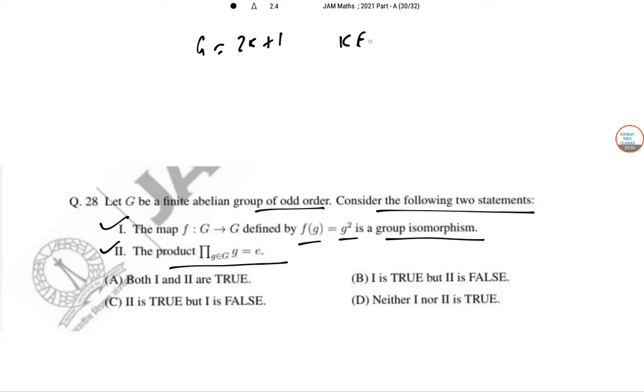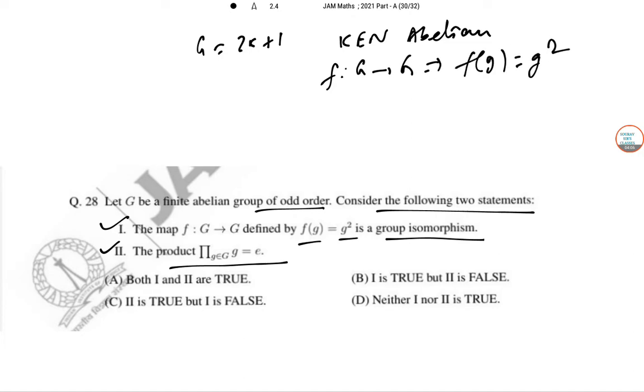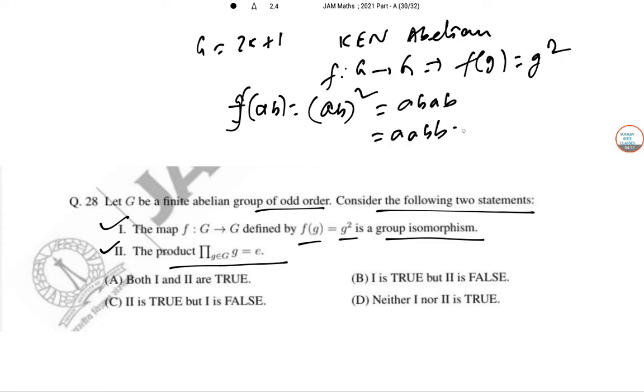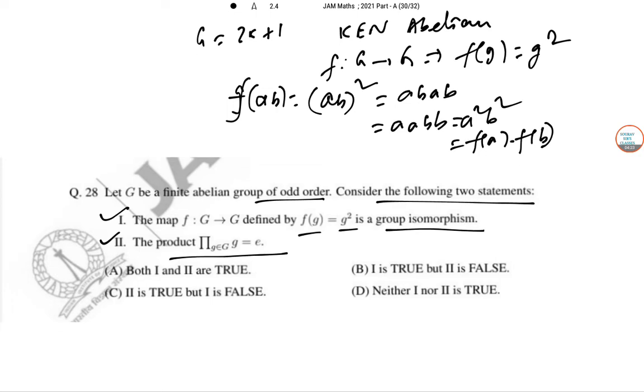So this is abelian. So f of g is equal to g squared. So we have f of ab is (ab) whole squared, which is abab or a squared b squared, that is equal to f(a) times f(b).